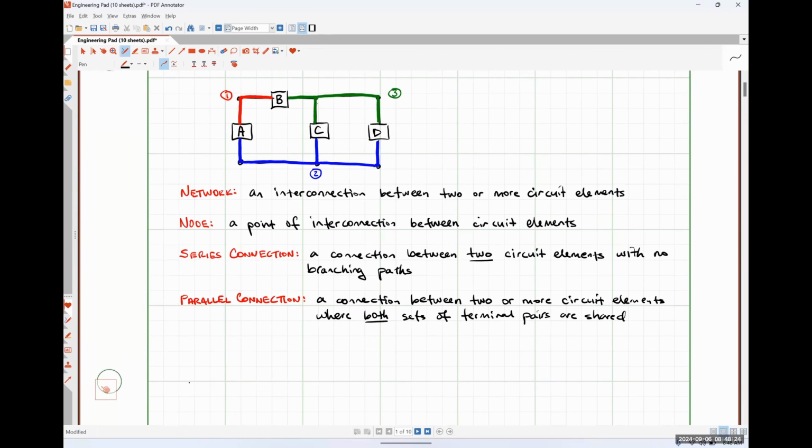contains only two terminal circuit elements, okay? For those of you that are electrical engineering majors, by the time that we hit your junior year, and we start dealing with transistor circuits, which are three terminal circuit elements, we're going to be connecting those in parallel as well. And for a three terminal circuit element to be connected in parallel, all three terminals need to be shared with other things, right?